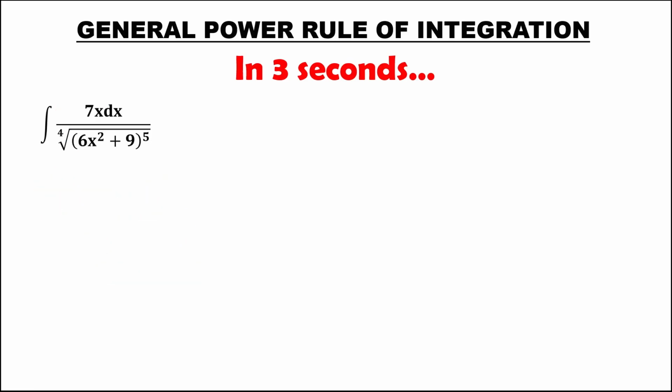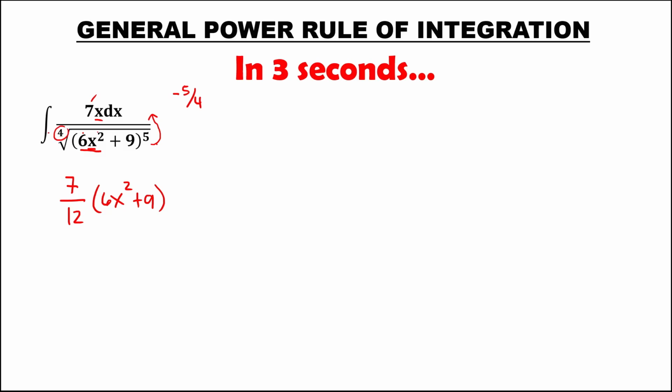Then for this given, again, since the given inside the parentheses is x squared, then there must be an x outside. So put this constant outside, then over the derivative of 6x squared. So 6 times 2, this one is 12. Then we have (6x² + 9). If we bring up this equation, the exponent becomes negative 5 over 4.